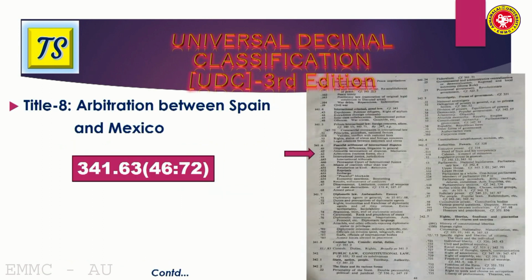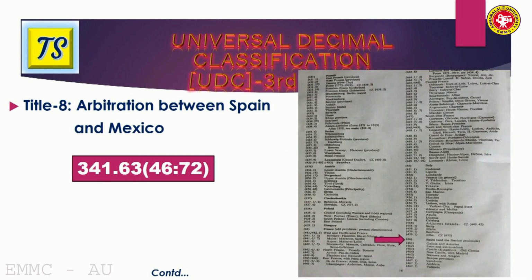So, how do we select this number? On page number 44 in the schedule, you can find the notation 341.63, arbitration, provided against the term. Just pick this number. Spain, 46, is available in geographical locations, page number 16.